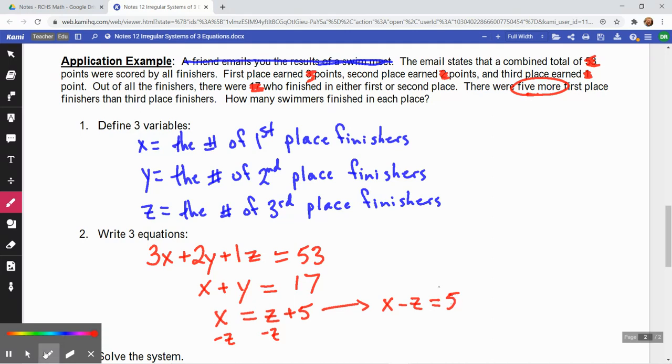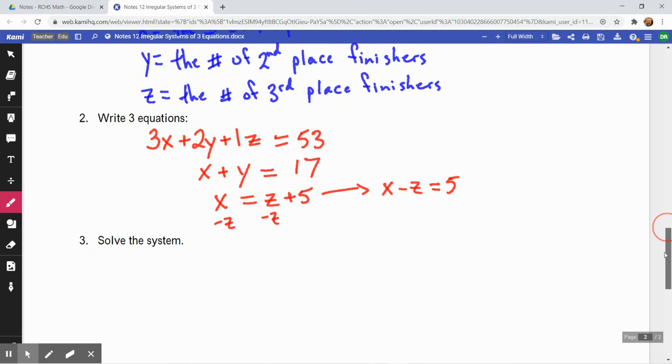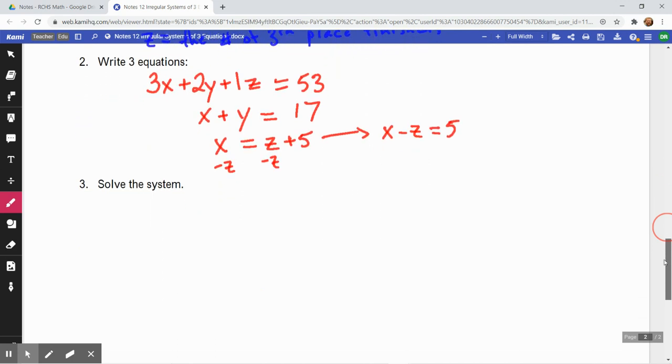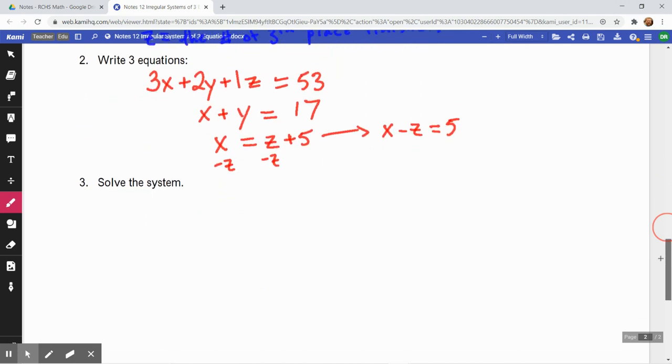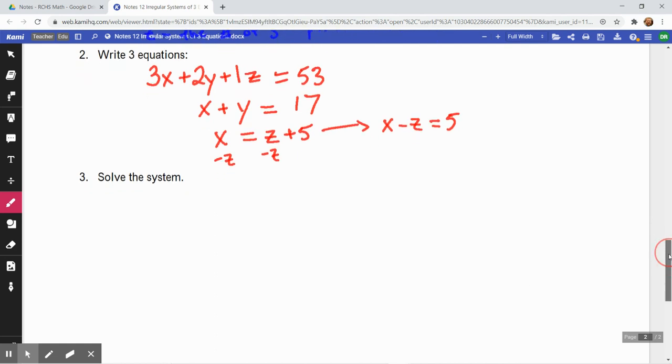Okay, so there's our equations. Now what we want to do is we want to solve. And the key to solving these systems that have 3 variables is find a way to get rid of one of those variables so that you can continue through methods that we've practiced in the past. So in this case, here's my thought. I have these equations here.